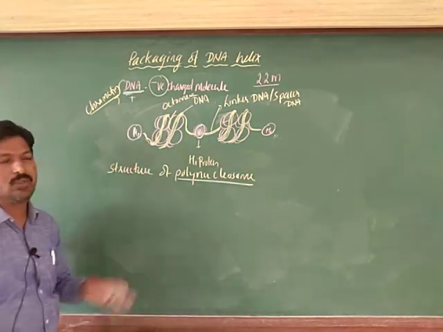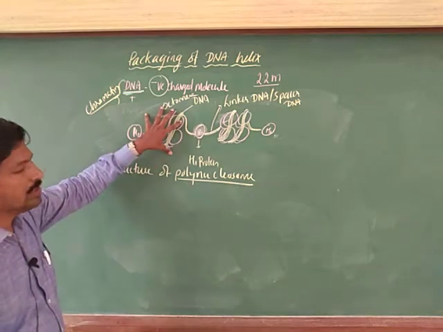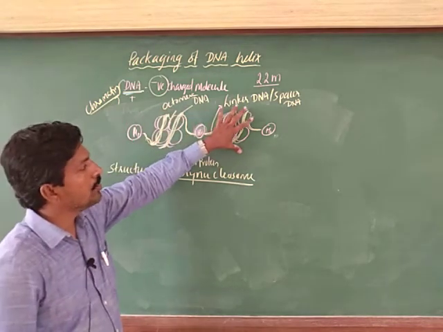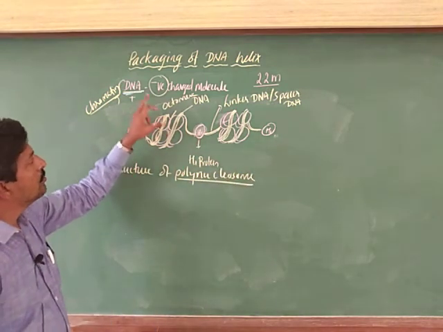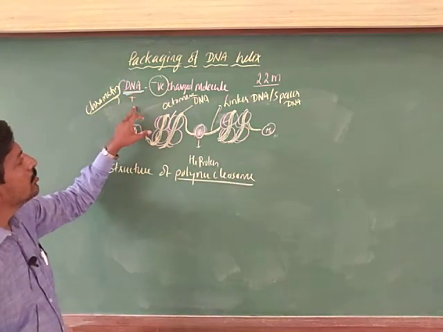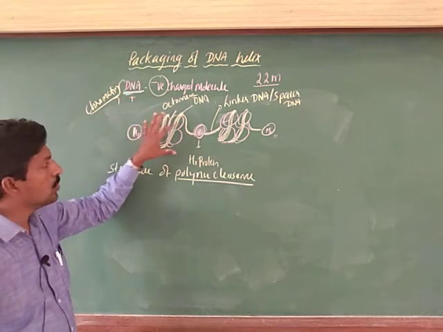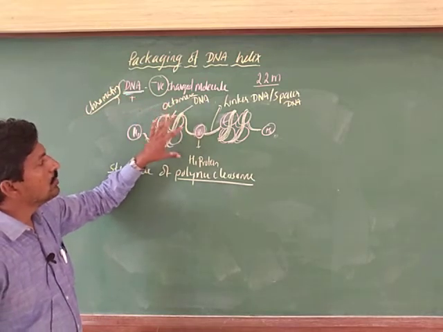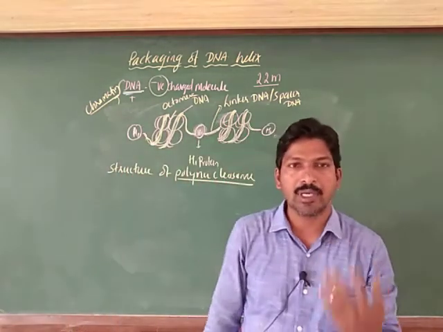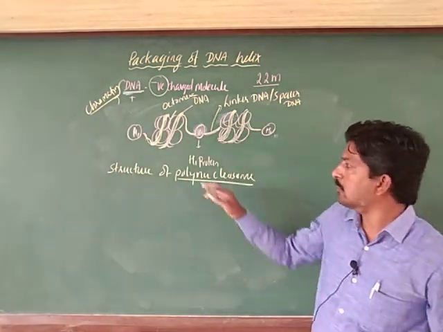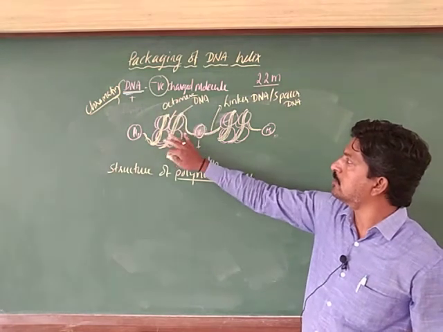Polynucleosome means there are many nucleosomes. This is one nucleosome, this is another nucleosome, and in this way another. So the DNA and the protein together bind. Usually DNA is thread-like and is wrapped around the core of the nucleosome.